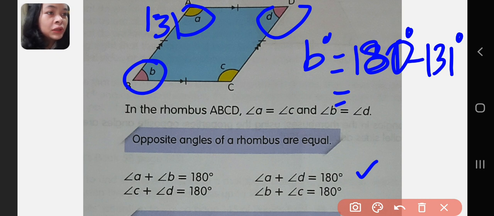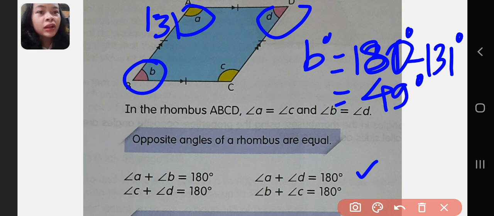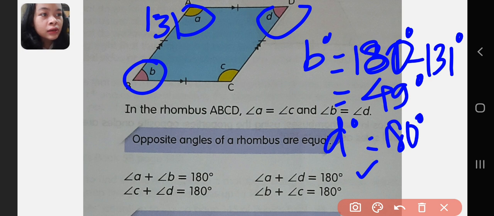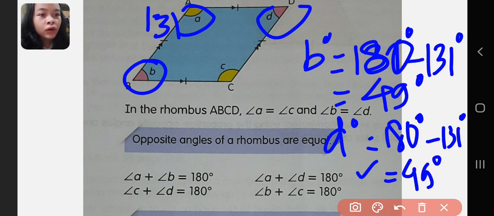Then how much is it? 49 degrees. So if A is 131, and then how about D? D also equals 180 degrees minus 131 equals 49 degrees.